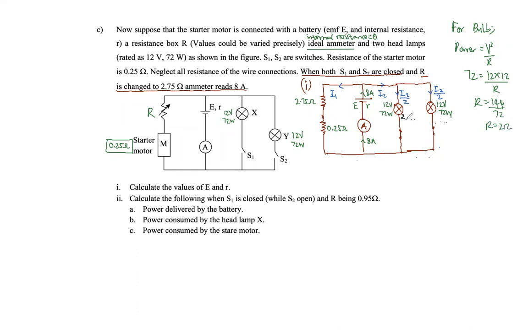So this is 2 ohm, and this is also 2 ohm. There are 3 unknowns, people. I1, I2. Oh no, 4 unknowns: I1, I2, E, R. I need how many equations then? 3 equations, huh?